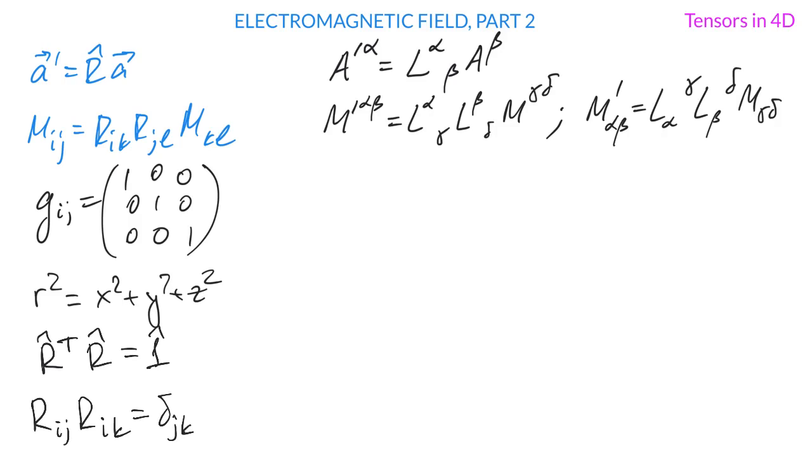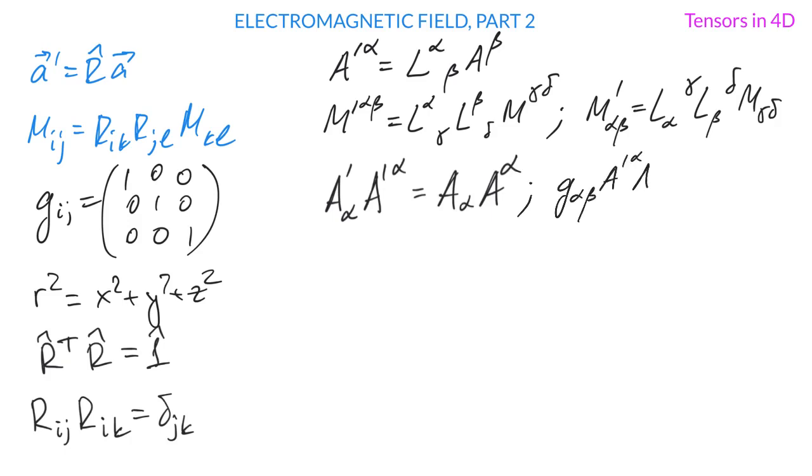Well, the L matrices have to preserve the inner product, or the interval. So if we write an expression for A'_alpha A'^alpha, it has to equal A_alpha A^alpha. Let's write this using the metric tensor and only contravariant components of vectors.